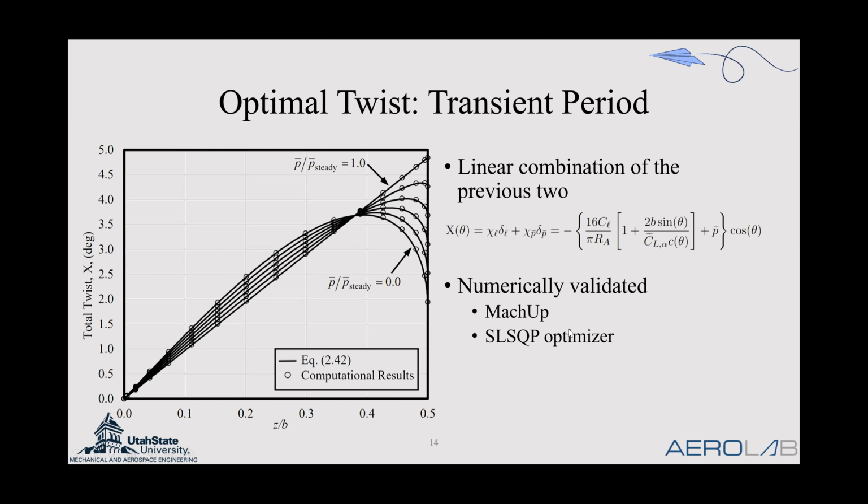called MachUp, combined with a nonlinear optimizer routine, where the optimizer used MachUp as its cost function, and it was able to change the twist distribution along the wing to try to minimize induced drag while meeting a given roll maneuver constraint.